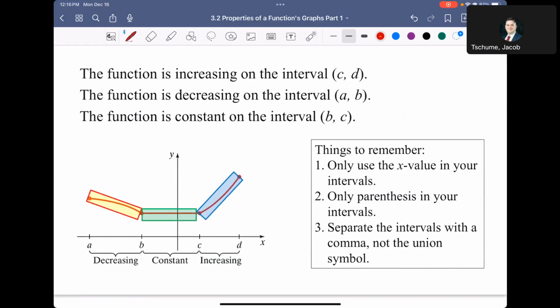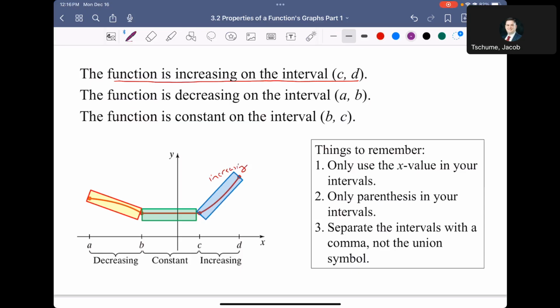So number 1 is the rule for increasing. If you look at our picture, we would say the function is increasing on the interval c to d. This piece right here is a section of the graph that is increasing because as you go from left to right, it is going in an upward direction. So if your graph is going up, we say it increases.